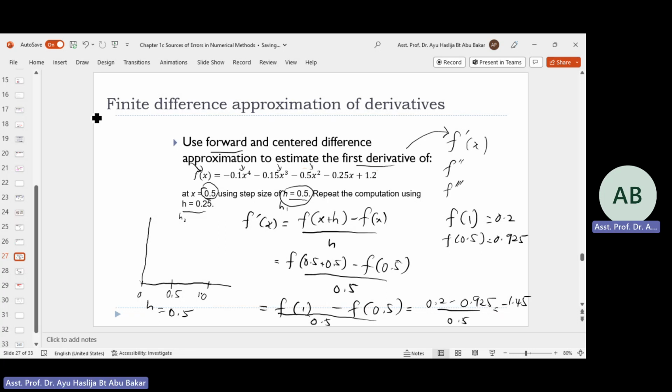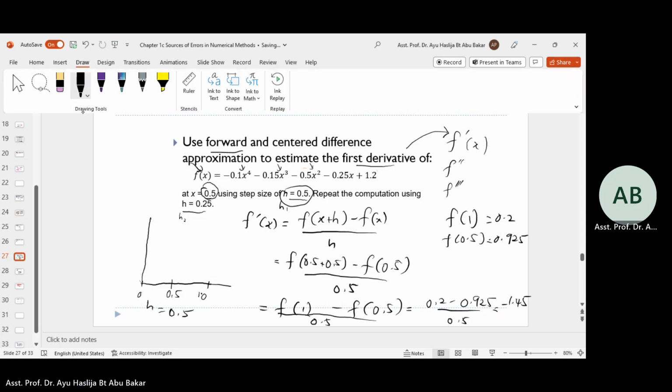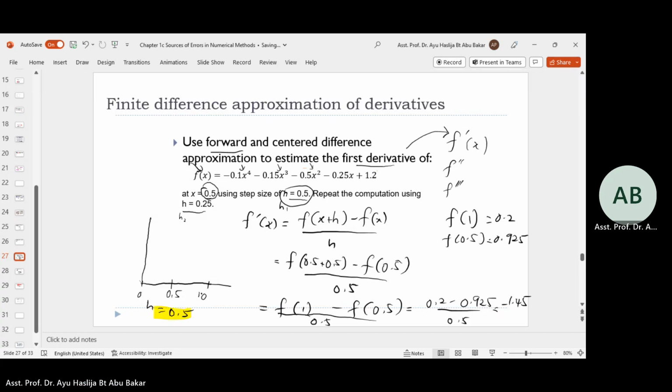Okay, now this one is for step size 0.5. Now find out f prime x when h equals to 0.25.